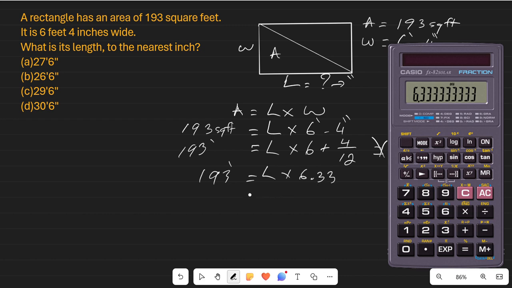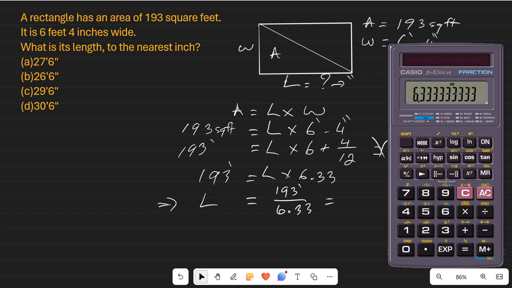So now we're looking for L, the length. What is L? So we find L: 193 square feet divided by 6.33. What do we get?